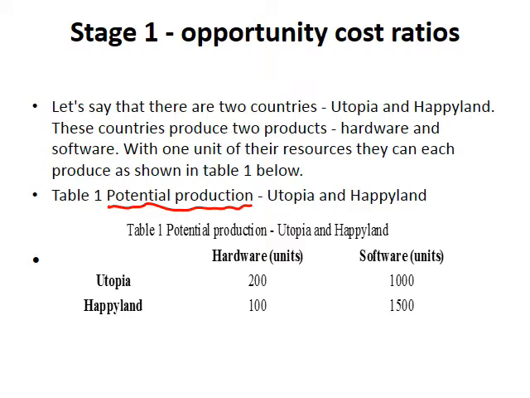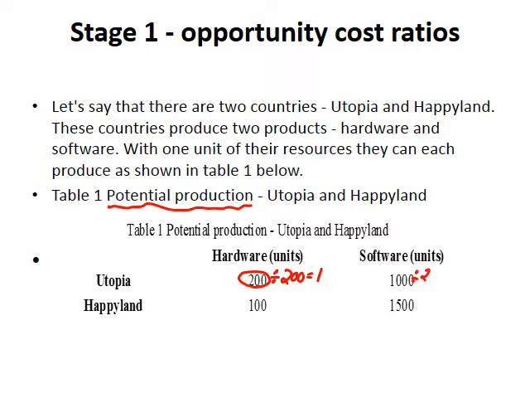So we want to look at the opportunity cost for each one. What is the opportunity cost of hardware for Utopia? I want it to be for 1 unit, and we're dealing with 200 here, so I'm going to divide this by 200 to get 1 unit. If I divide the 1 by 200, I have to divide the other by 200. These are ratios.